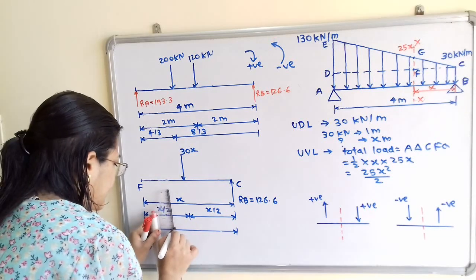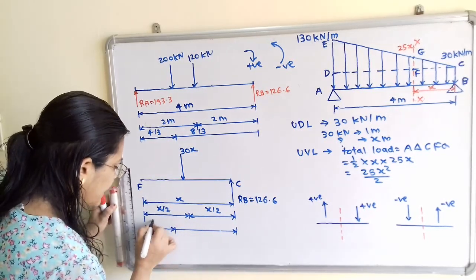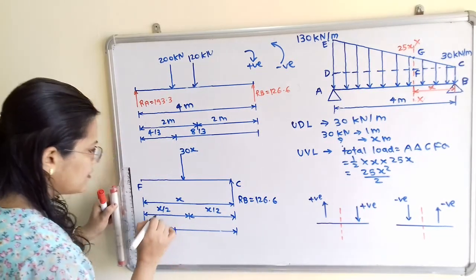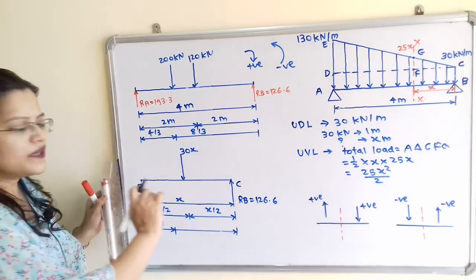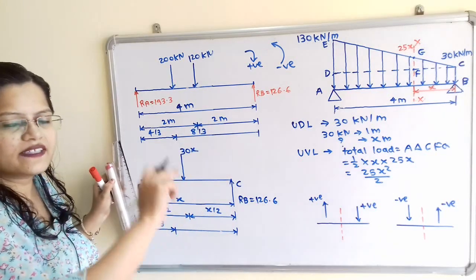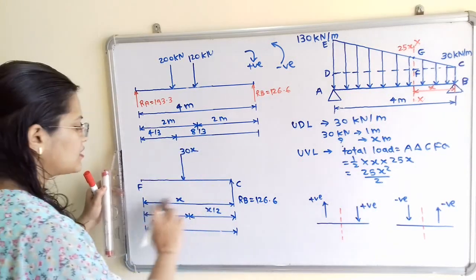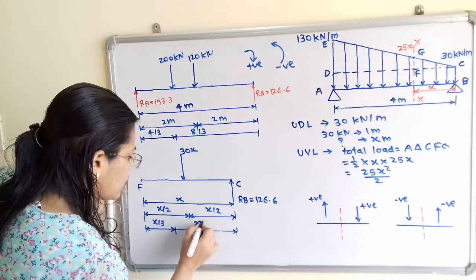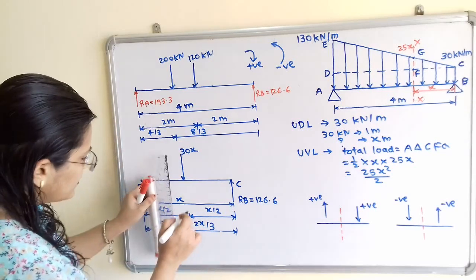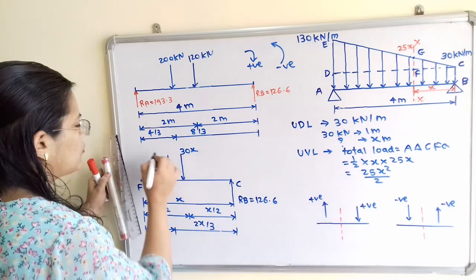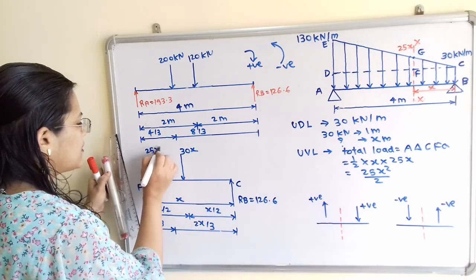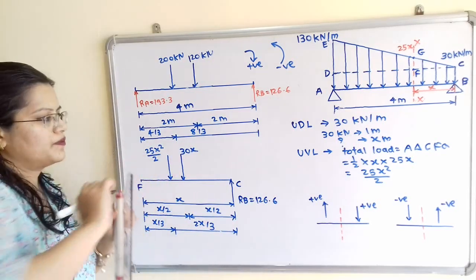So I will select here the distance x by 3, and the remaining distance, from minimum load, is 2 by 3 multiplied by total span x, that is equal to 2x by 3. So here is the point of application of load, and this load is equal to 25x square by 2.